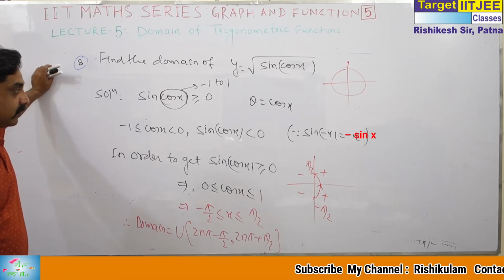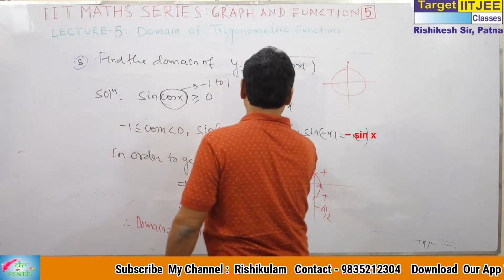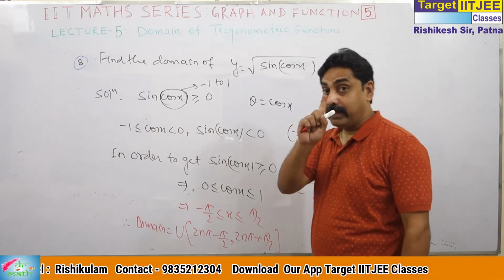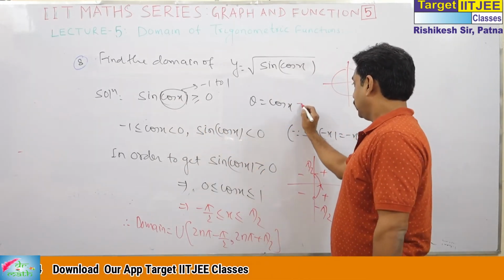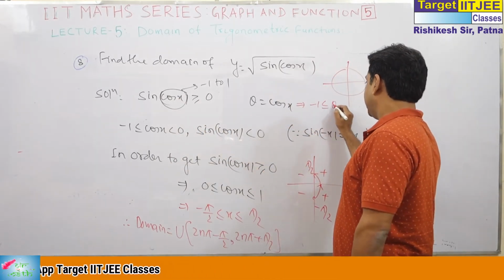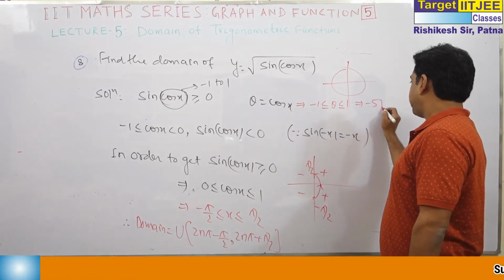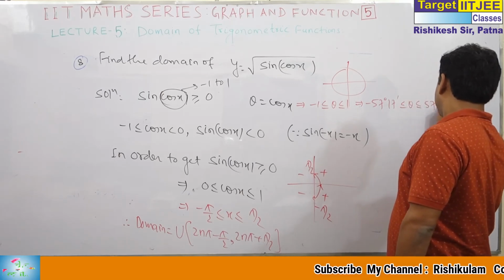I would like to make one point clear here. Actually this is theta. Come to this one again. This is the solution, but make one point clear. Theta lies from minus 1 to 1. This is approximately minus 57 degree 17 minutes.